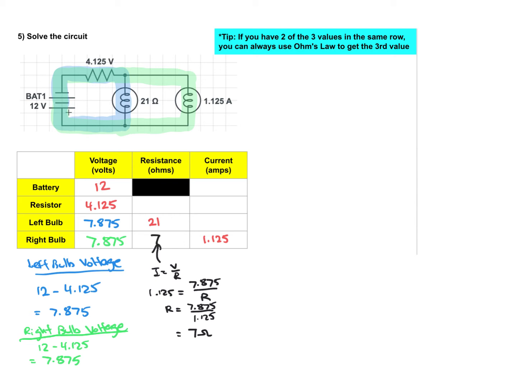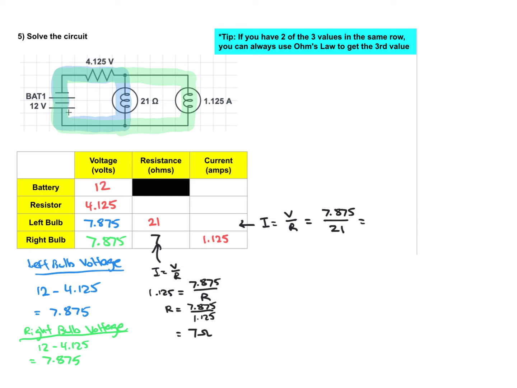Okay, next I'm going to go for this blank here, the current of the left bulb, because I know the 2 other values in that row, so I can get the third value. I equals V over R. So in this case, it would be 7.875 volts divided by 21 ohms.